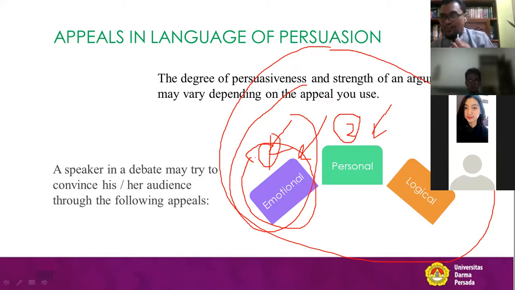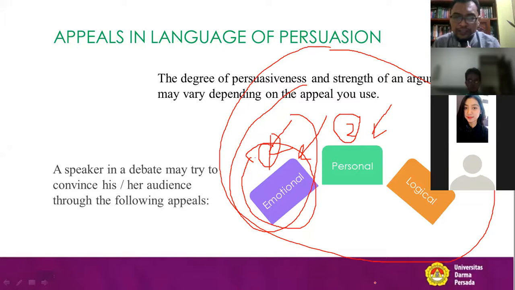Okay, so you are referring to medical journals, medical reports, or advice from the doctors, for example. This can also be considered a personal appeal. Or maybe you want to refer to the scientists, scientific proof.